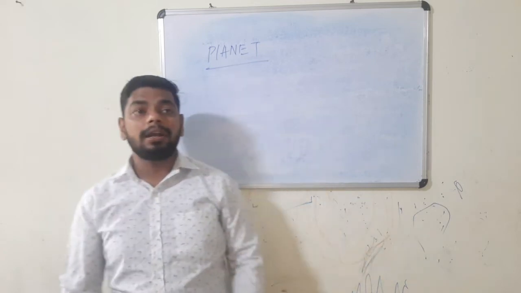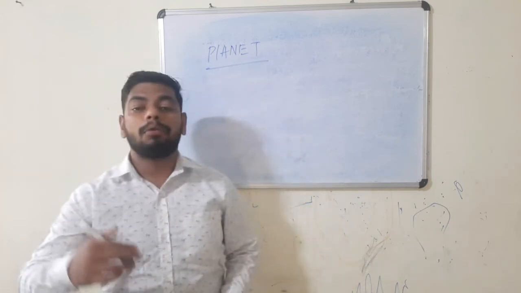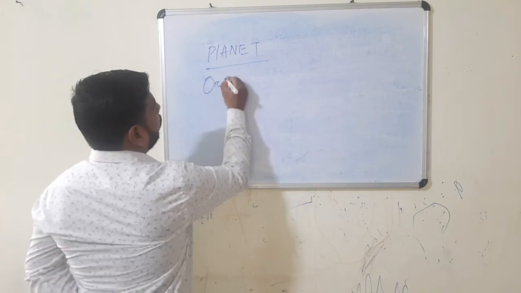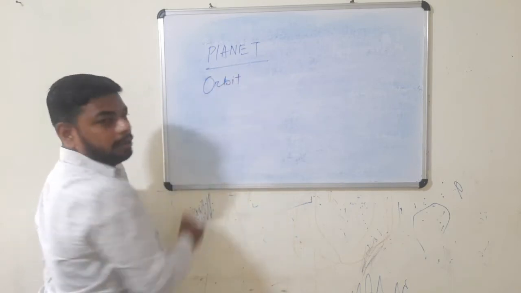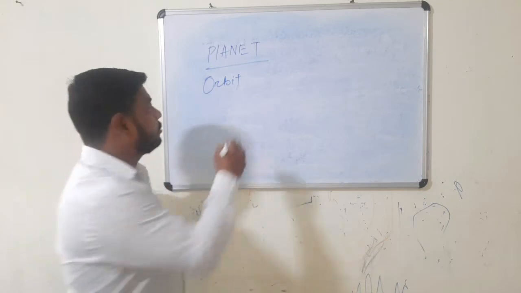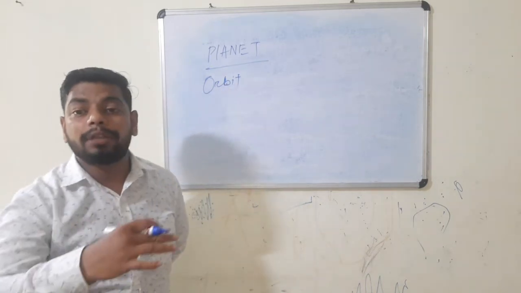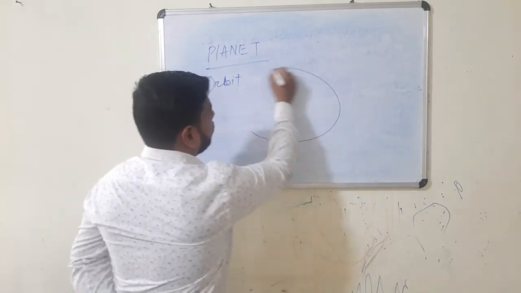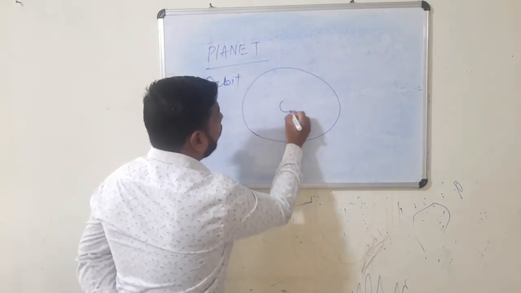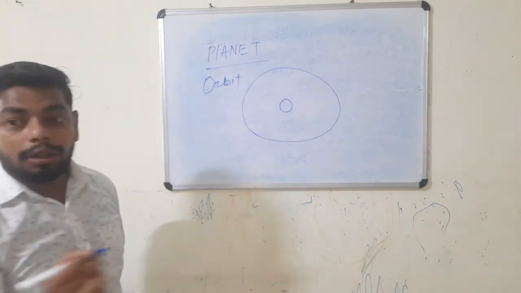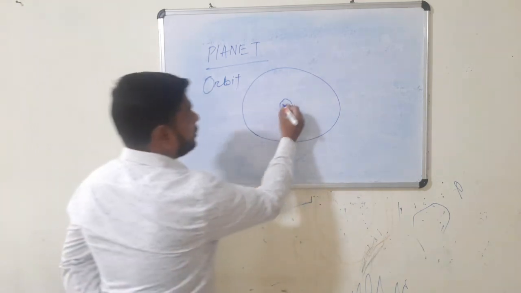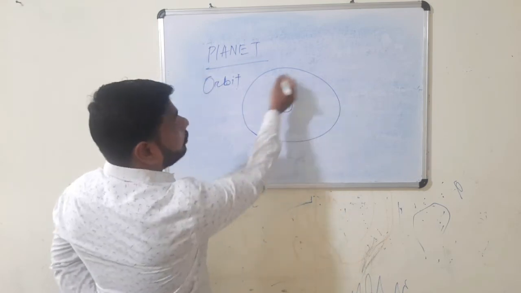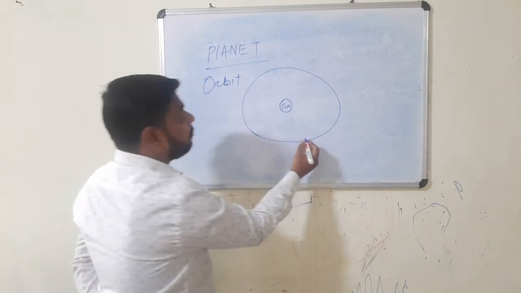One of the very important features of a planet is that it must have an orbit. Orbit means the pathway, the directions where all the planets revolve. This is the Sun, and here this is the pathway where it revolves.